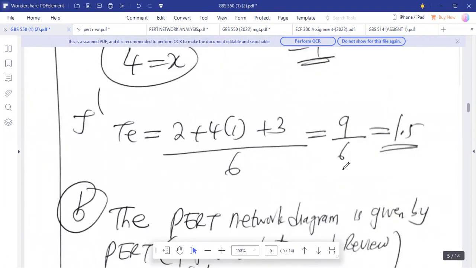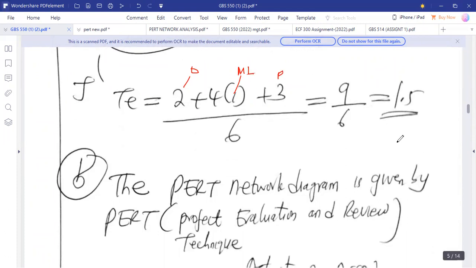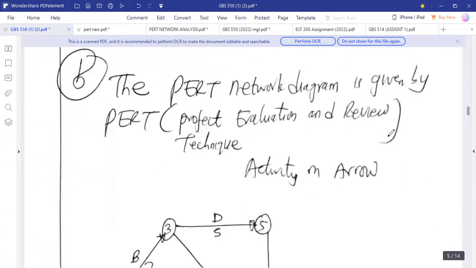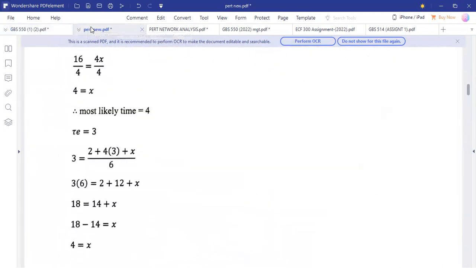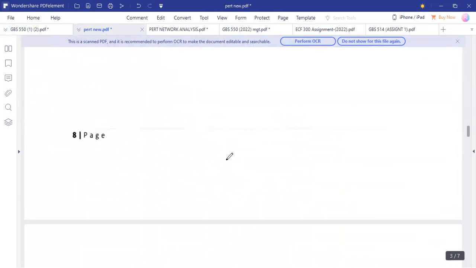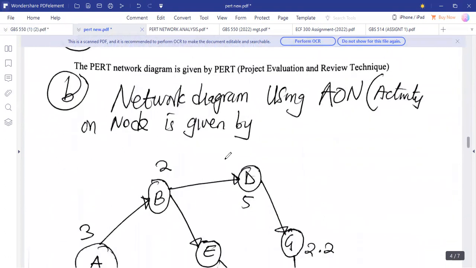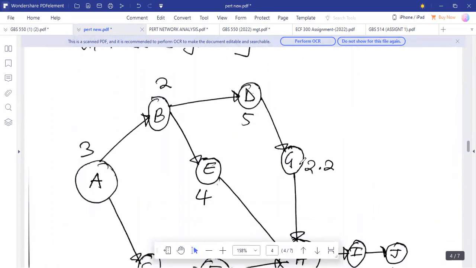And for J, they needed a time expected, meaning all these were given, the optimistic, the most likely, and the pessimistic. We needed to get time expected. So now the page diagram can be drawn. After getting down whatever we need here, we can put together. Is anyone understanding how the missing figures are calculated?